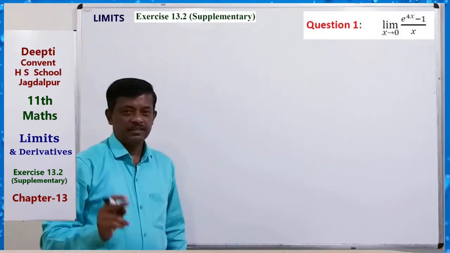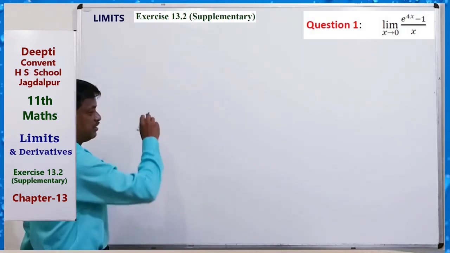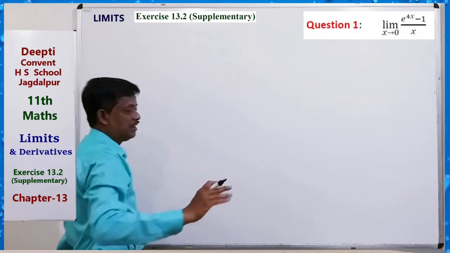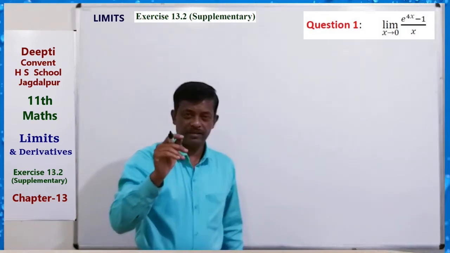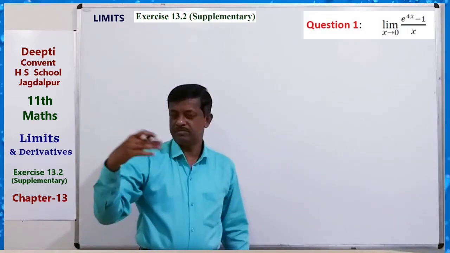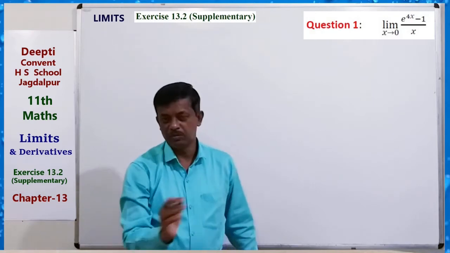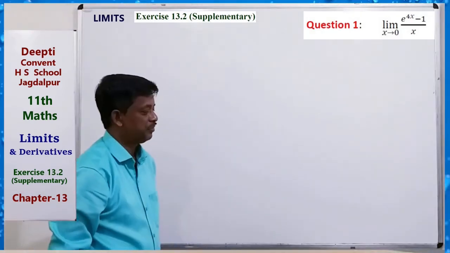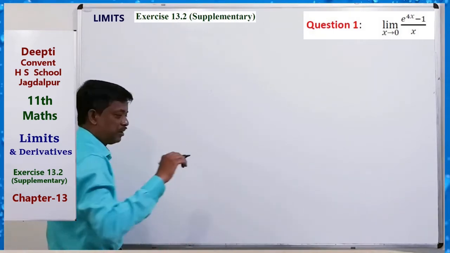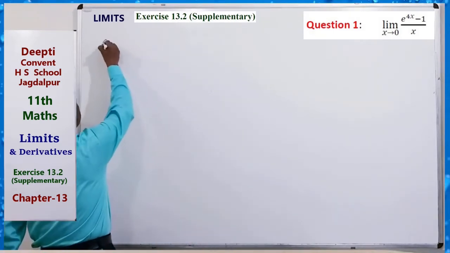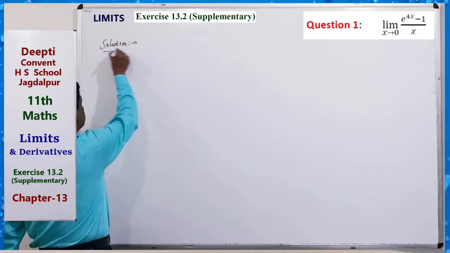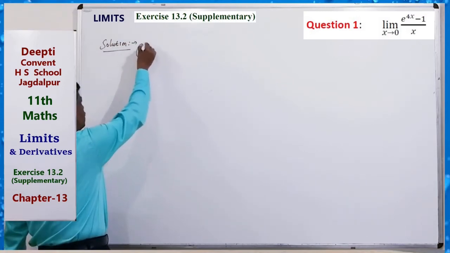In the NCERT book, at the end of the book, it is given as supplementary exercise 13.2. So it is important to solve its questions one by one. 4-5 questions are there. Okay, question 1.